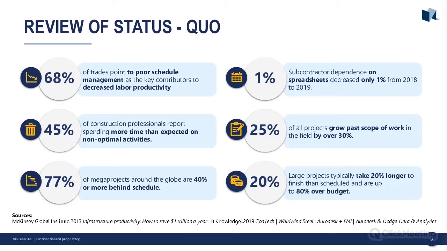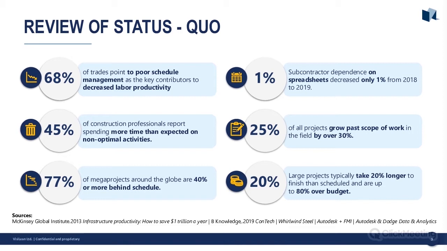Those of you who've joined us before, we always start by reviewing the state of the construction industry and the status of everything. We've put together these figures from loads of different sources. McKinsey is a really good source if anyone needs data like this.